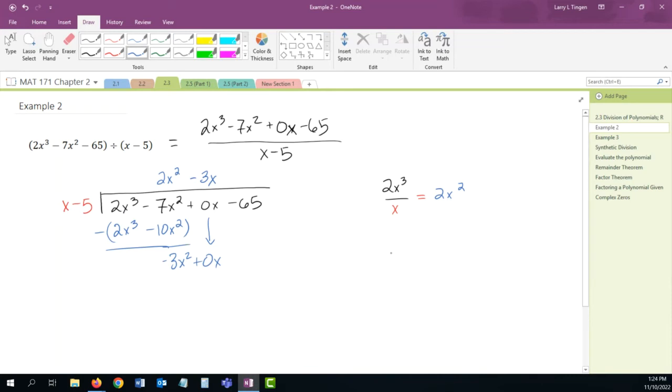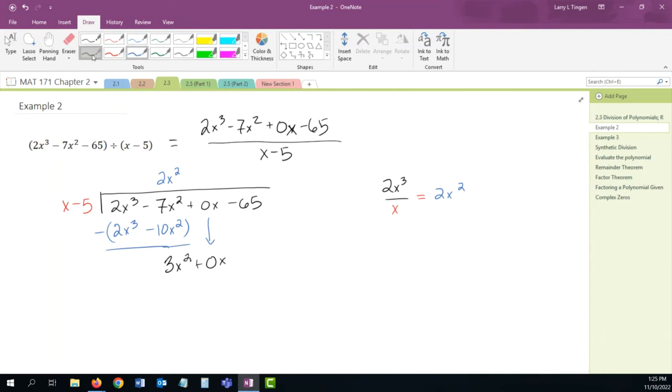Is everybody okay with that? Does that make sense? Let me get the color stuff working here. Not negative, positive. All right, 7 minus negative is plus, so this is 3x squared. Bring down the 0x. I knew there's a reason I wanted to rewrite that.